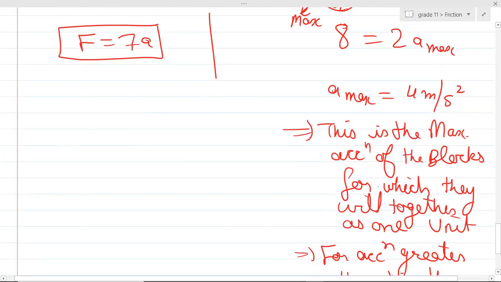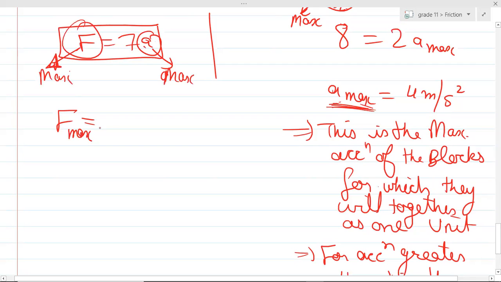Now once you have the acceleration, you can write the force. When you write a as a maximum, then your force will also become maximum. So this is the maximum force which shall be applied. Can you see, 7 multiplied by 4?